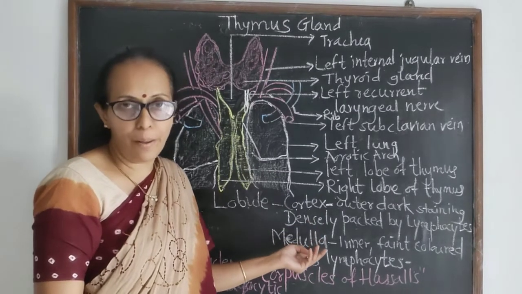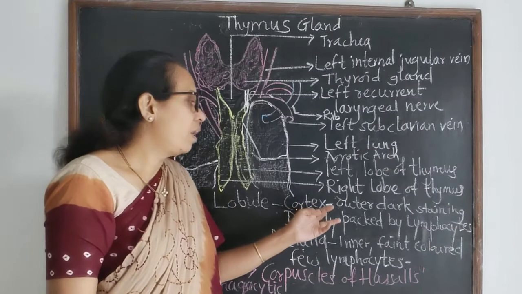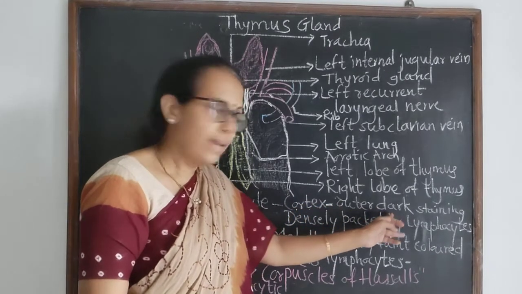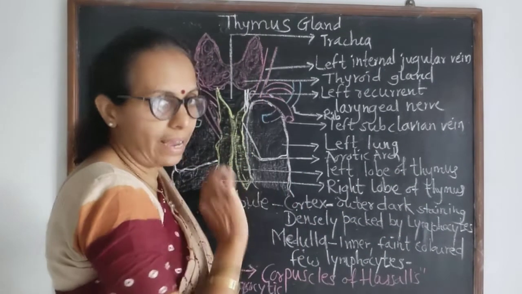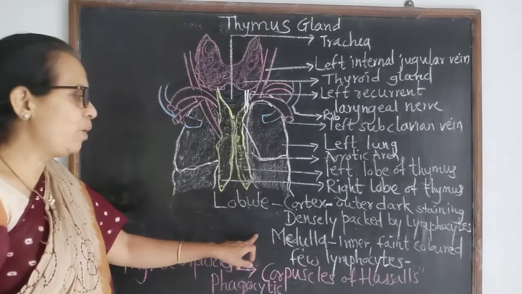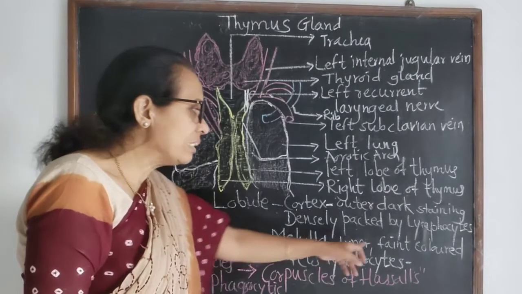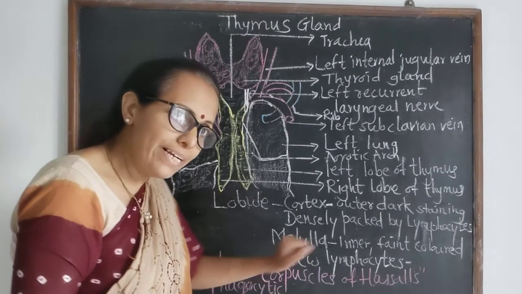As compared to the medulla, the outer cortex layer is darkly staining and densely packed with lymphocytes, while the medulla, the inner layer, is comparatively lighter in color and contains few lymphocytes.